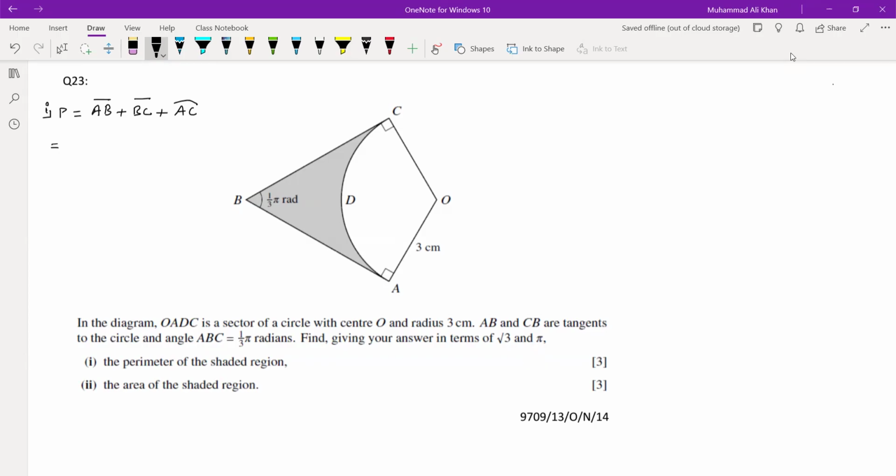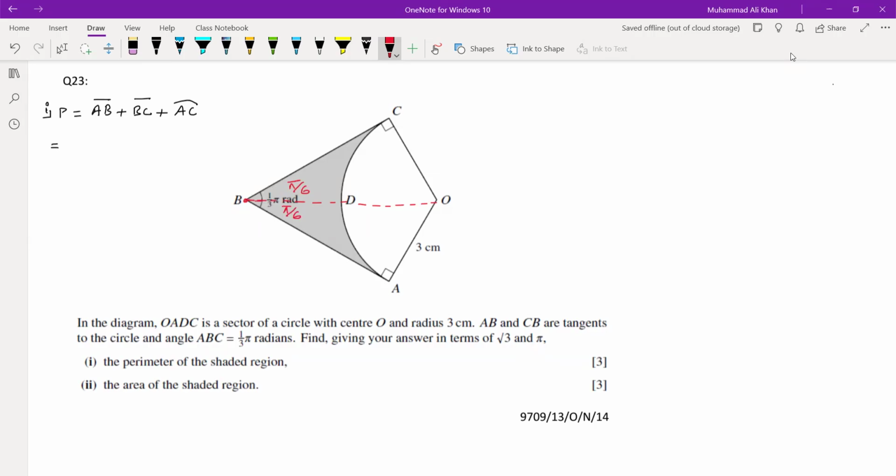Now let's use some properties here, and according to the properties we start the working. If I join B with O, can I say that now the angle is pi by 6? Right?